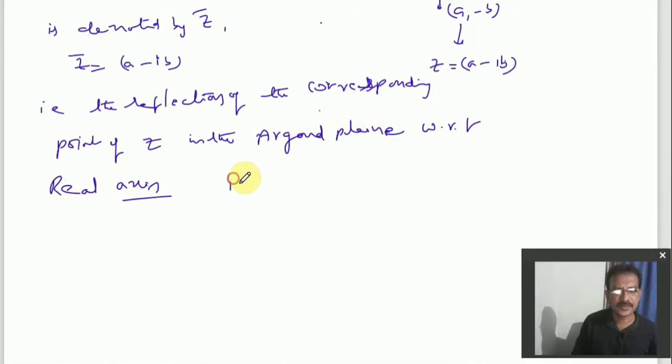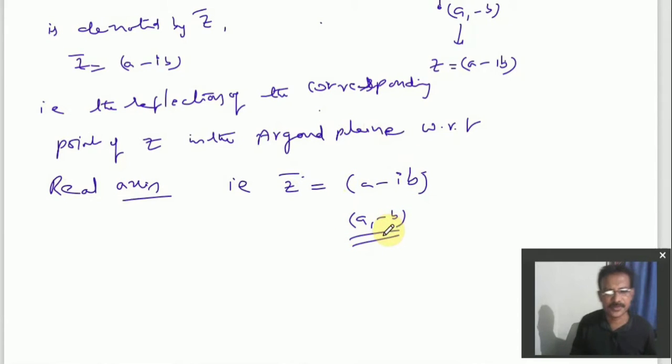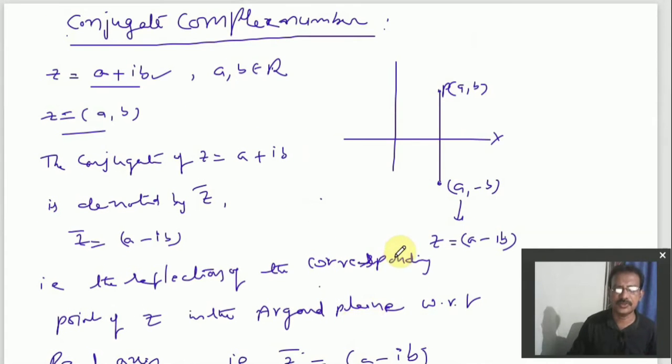That is, z bar is equal to a minus ib, and its corresponding point is (a, minus b). These are the coordinates of the point z bar. So if you see this in the Argand plane, it is the reflection of P with respect to the real axis.